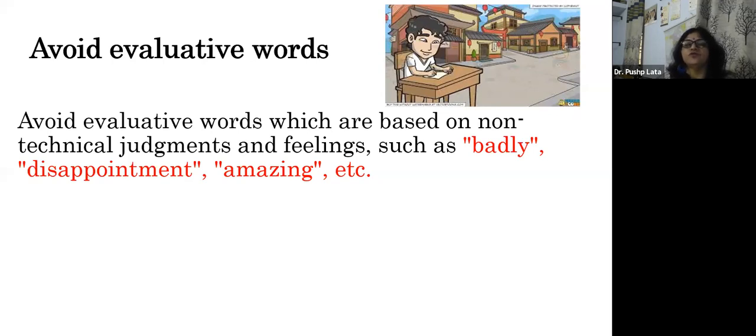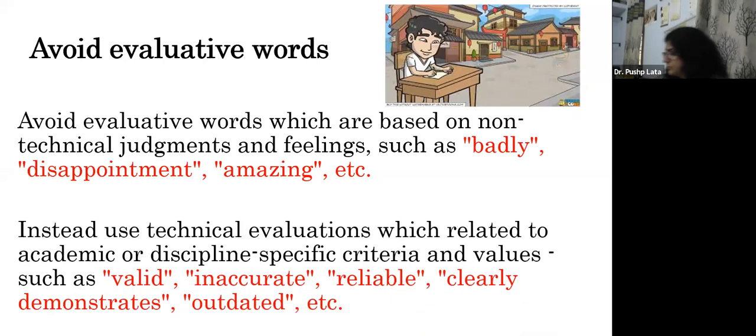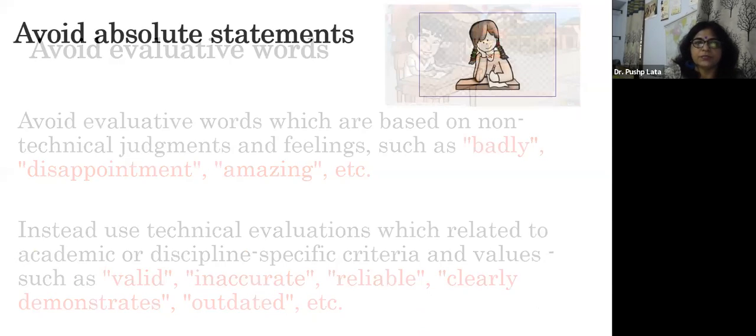Never ever use such kind of judgmental words. Instead of using these, use technical evaluations related to academic or discipline-specific criteria, such as valid, inaccurate, reliable, clearly demonstrate. These are the words which you can use instead.